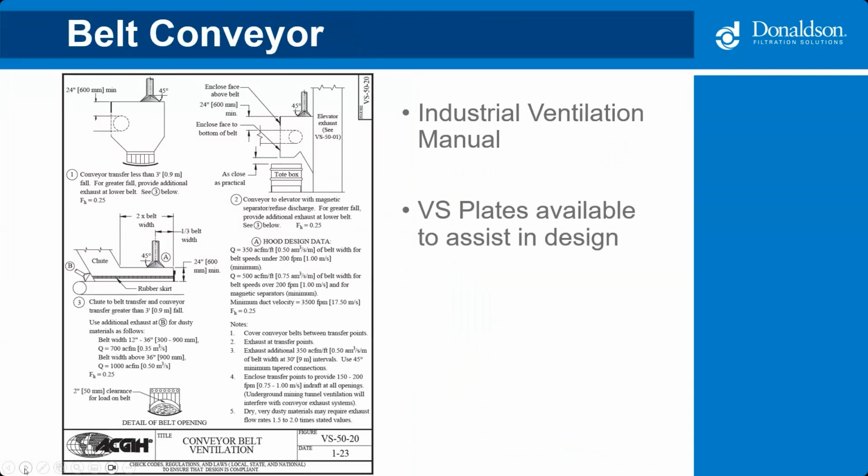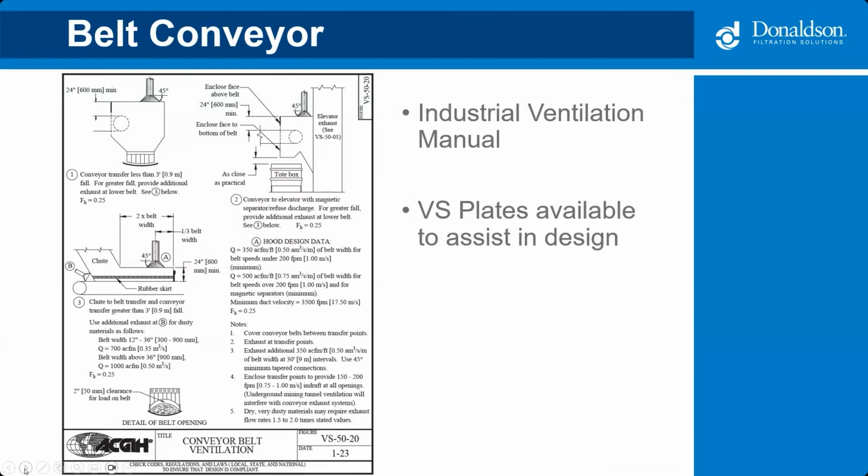Belt conveyors, the grain industry has a lot of belt conveyors. Andy talked about the Industrial Ventilation manual. They have a lot of VS plates with designs for providing dust collection on different types of equipment. This is one VS plate for belt conveyors in particular. You can see here in number 3 where you've got a chute to belt transfer.